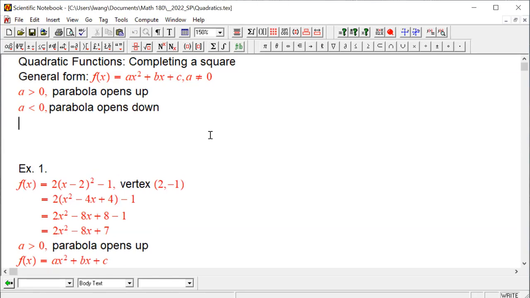If true, it has to be always true. Here I can assure you, although we're not going to prove it, that whenever a is positive, the parabola does open up, and whenever a is less than 0, the parabola does open down.